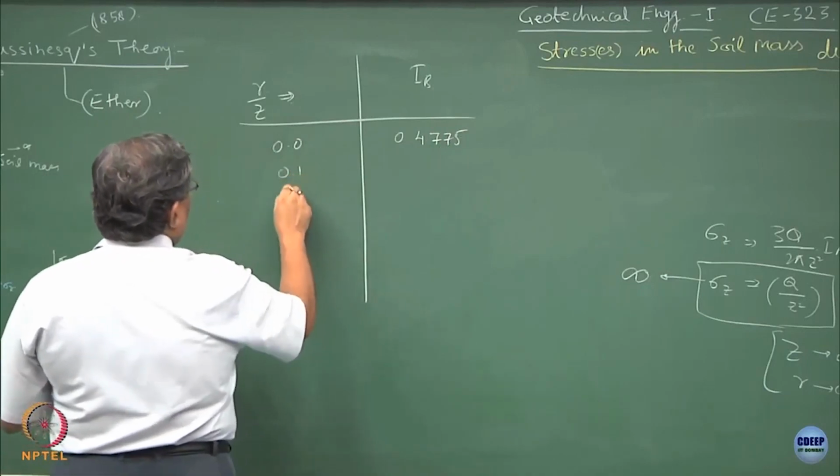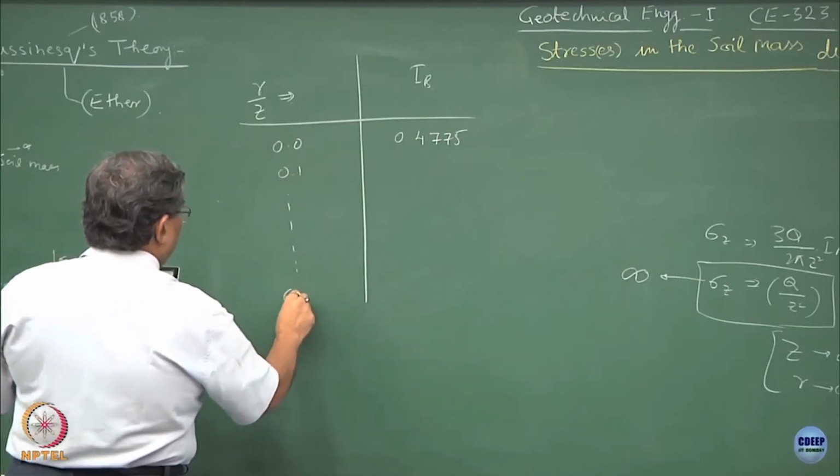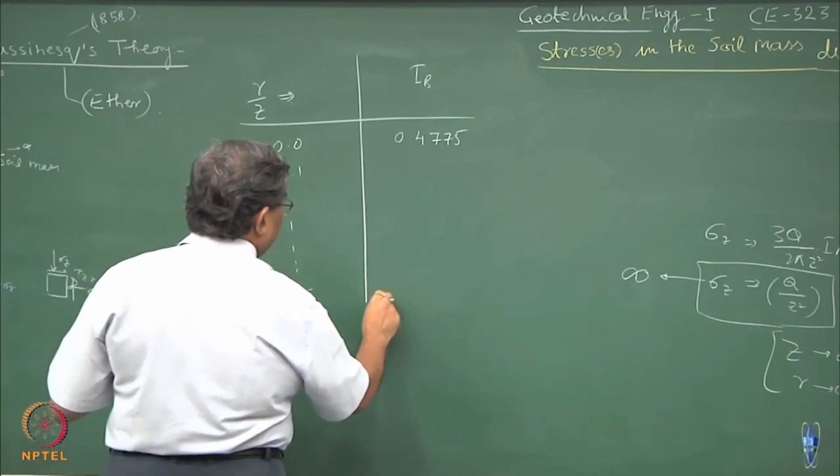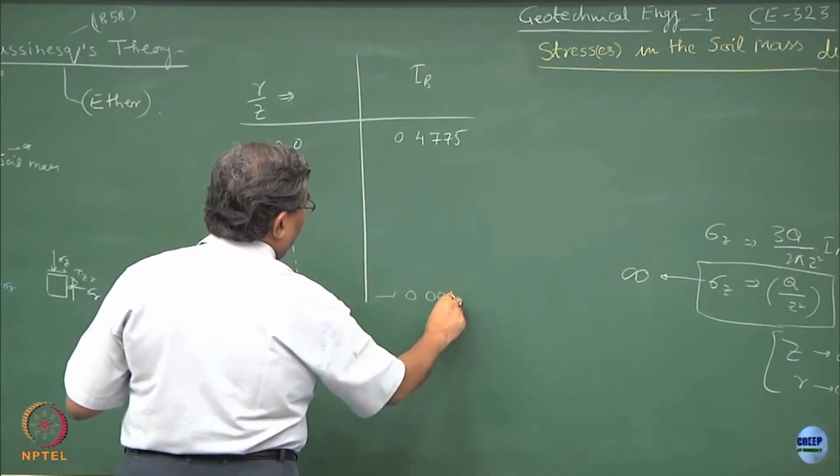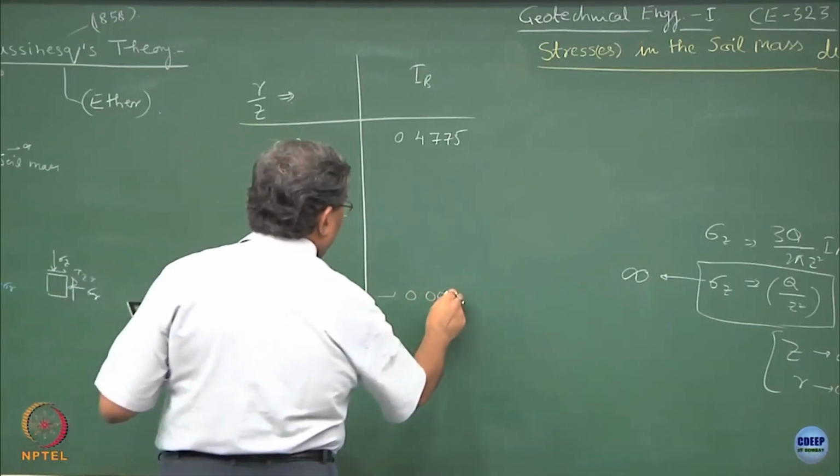You can compute this for different values up to 6.15, and this will be tending to 0.001.